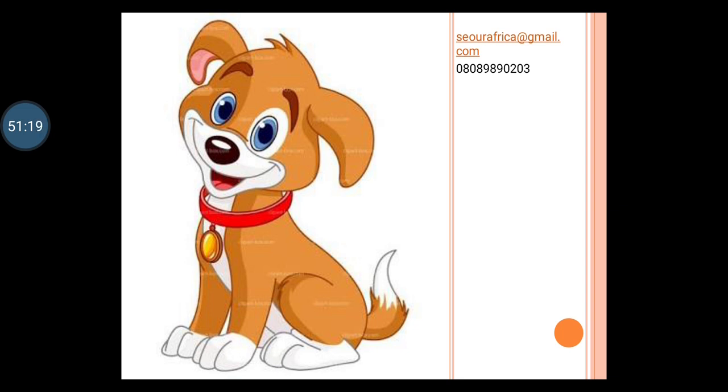It's better, because most times when students take a picture of what they have written, it's not clear, except you can assure me that the camera of the phone will take a very bright picture so that I don't strain my eyes to look at what you have written. If the camera of the phone you're using is very bright and can take a very good picture, then go ahead. But if it cannot, please just type out your answers either via email or WhatsApp.